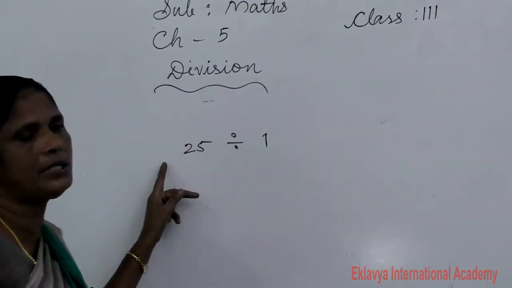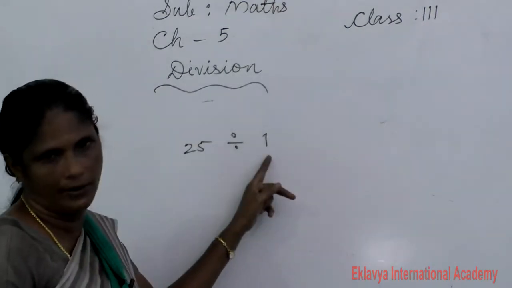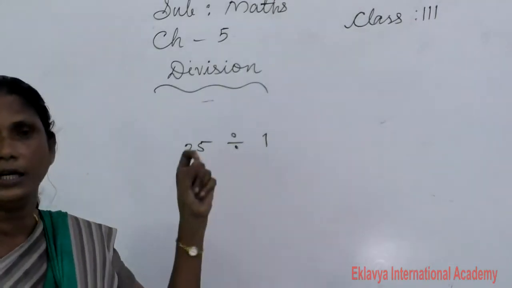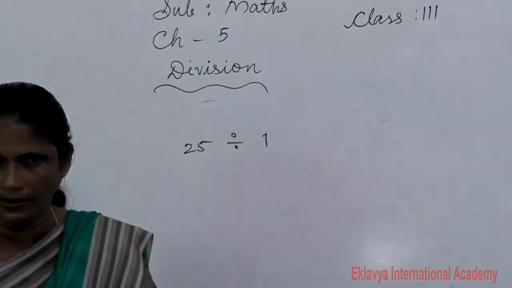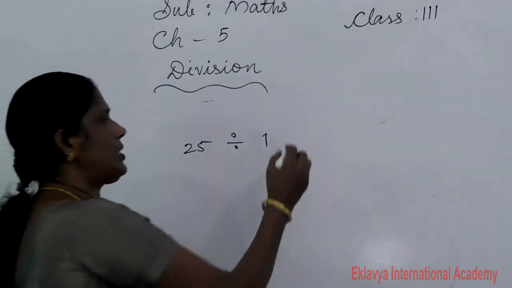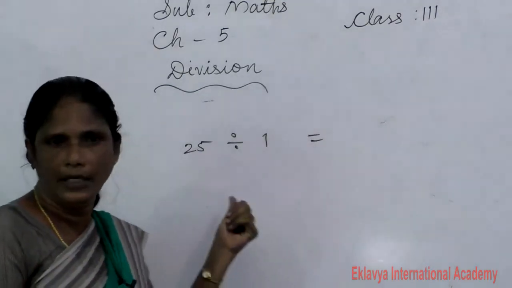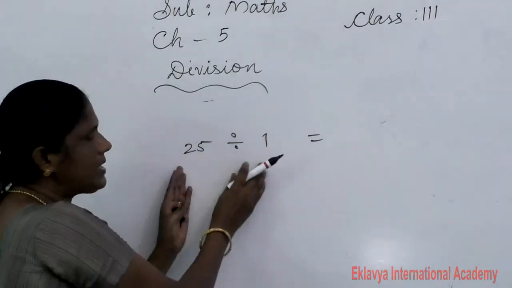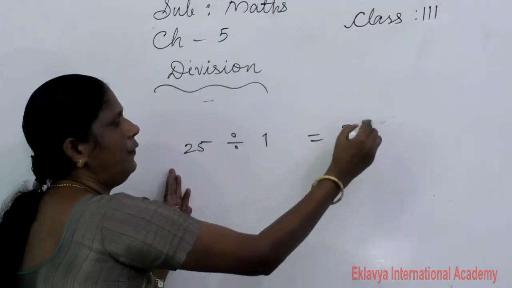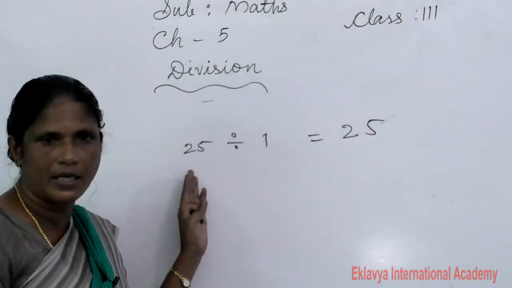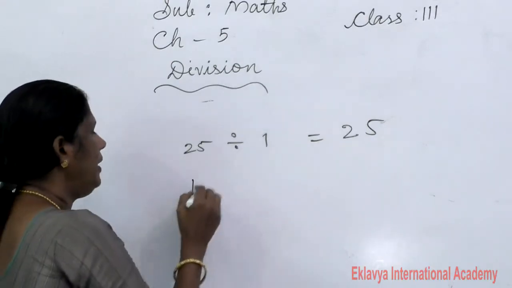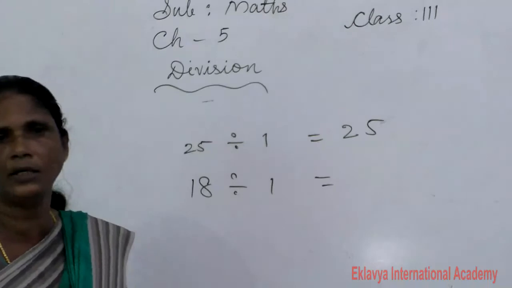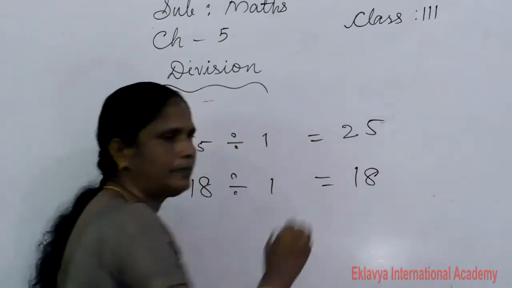What is the answer? 25. Understand? Again, 18 divided by 1. What is our answer? 18.